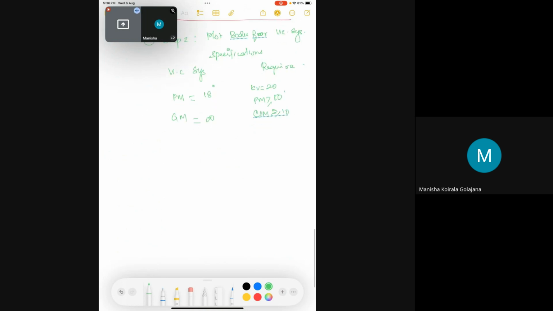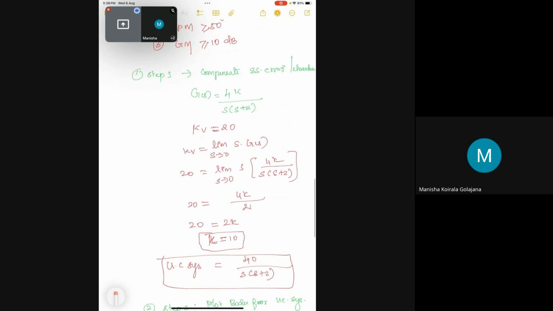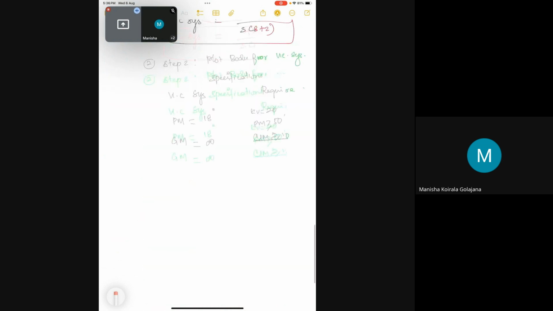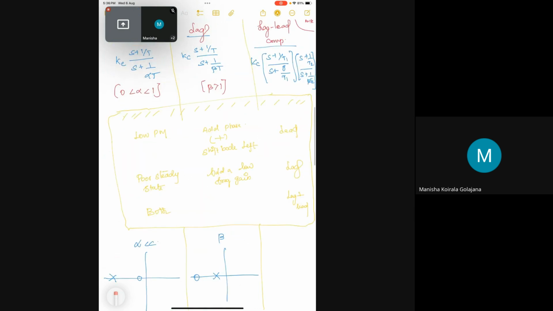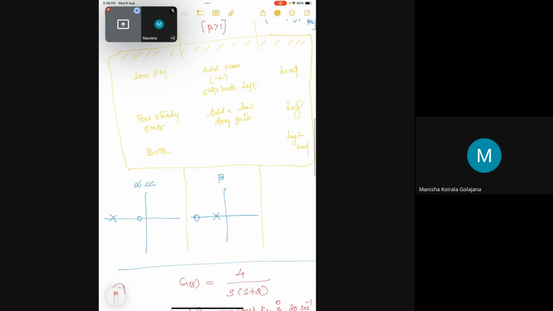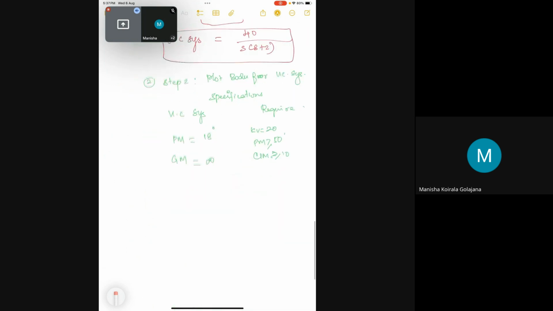The gain margin is infinity for now, but we have to push the phase margin to 50 somehow by designing a compensator. You want to add phase: the phase margin is 18 and you want to make it at least 50. So if you want to add phase, we will use a lead compensator, because based on your alpha value it will shift your Bode plot towards the left. This will increase your phase. That's the intuitive way to understand this. That's why we are using the lead compensator.